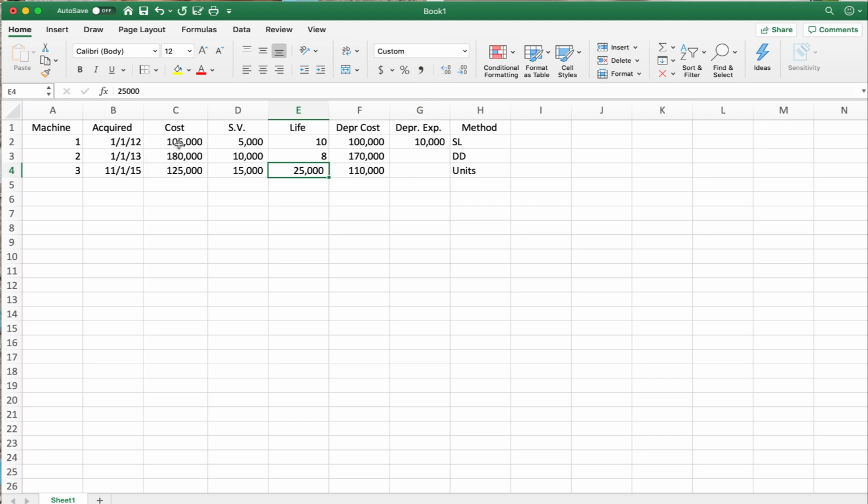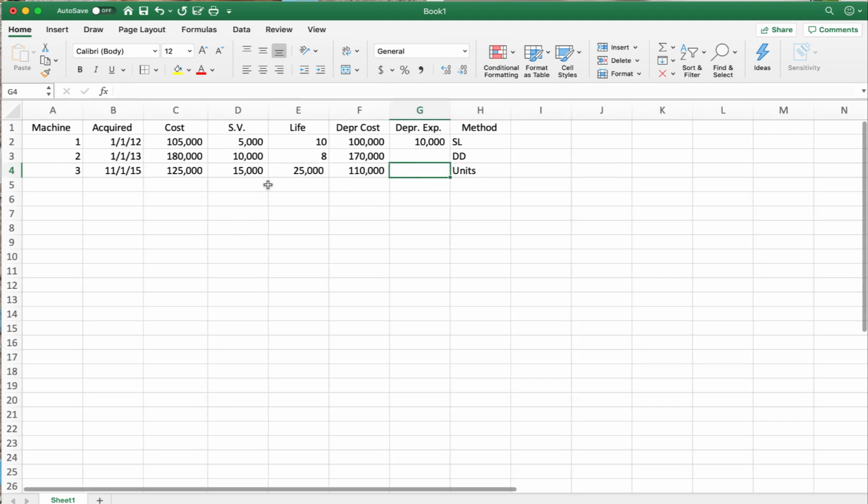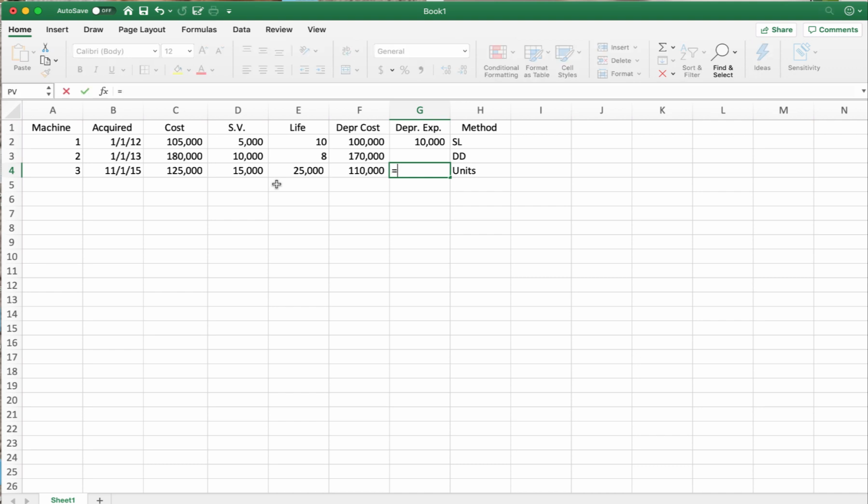By the way, if you're using big numbers, please use your commas and get rid of any decimal places. Okay, so let's look at the depreciation expense for machine 3 using units of activity. I take my depreciable cost, which is $110,000. Again, I got that by taking my cost less my salvage value.